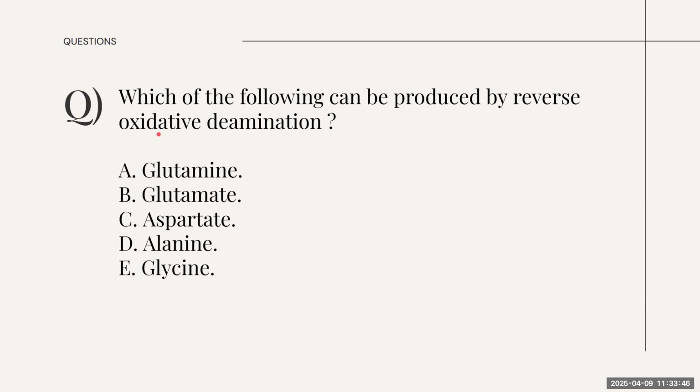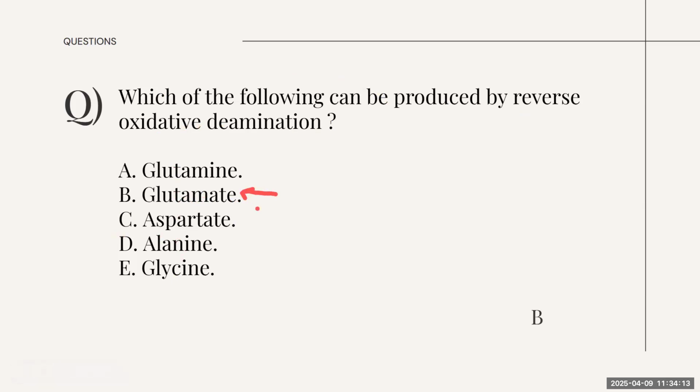Now, these are some questions. Obviously, this is a pre-recorded session, so I'm just going to read it, pause for a second, and you guys answer. Which of the following can be produced by reverse oxidative deamination? Glutamine, glutamate, aspartate, alanine, glycine. The answer is glutamate. Glutamate is the only amino acid that can undergo oxidative deamination.